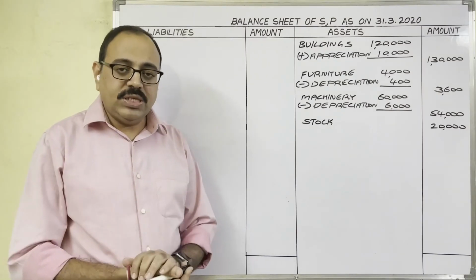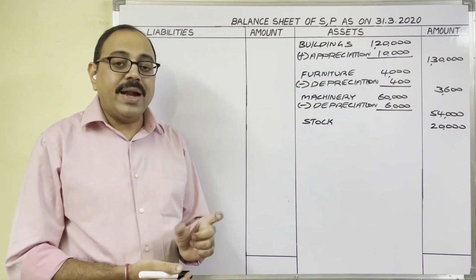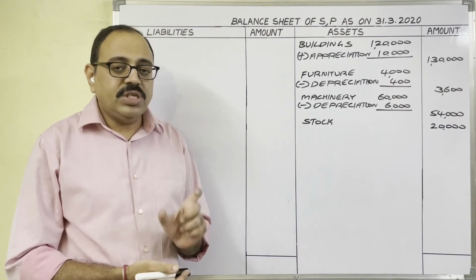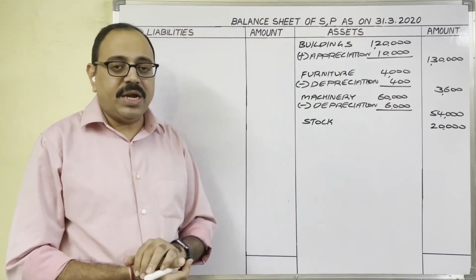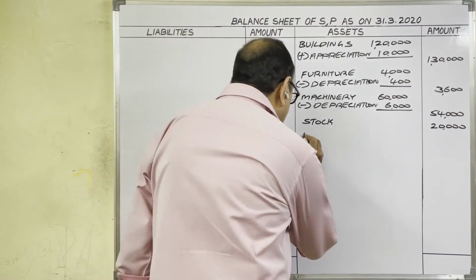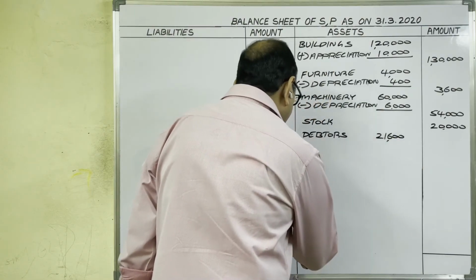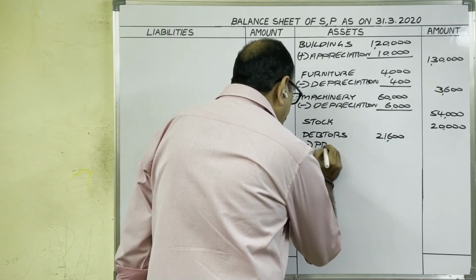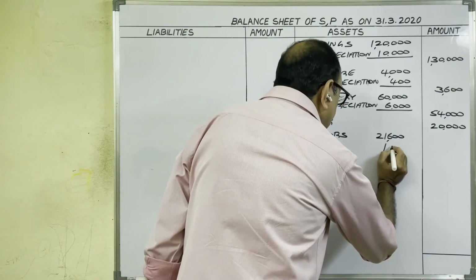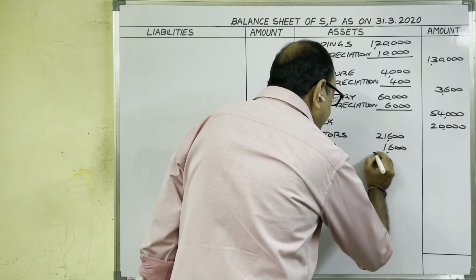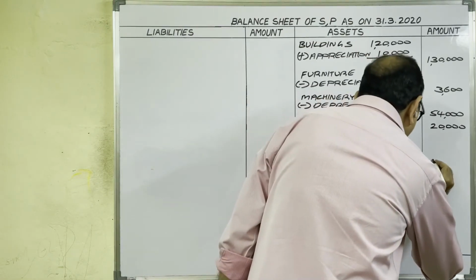Debtors 21,600. Provision for bad debt 1,600. So provision for bad debt we have to subtract from debtors. Debtors in the inner column 21,600 minus provision for bad debts 1,600. Remaining amount in the outer column.